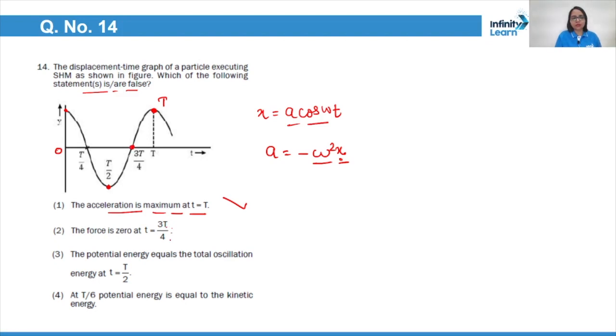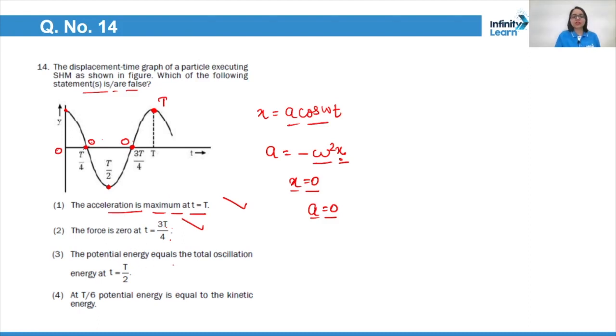This is 3T by 4 and this is T by 4. At these two locations, the particle is at its mean point. So the value of x is 0. That means acceleration is also 0, right? So if acceleration at these two locations is 0, that means force is also 0. So yes, this statement is also true.